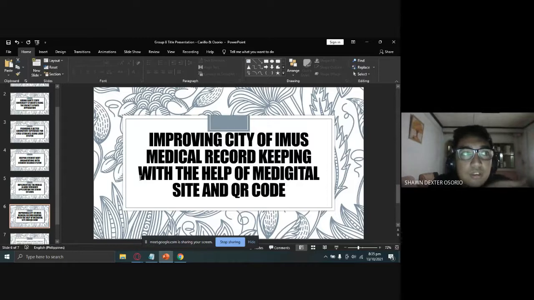When the QR code is scanned, the medigital site pops up and all your previous health results and checkups will be there. It's like compiling all your medical records in one place to lessen the hassle for you to carry the papers and for the doctors to track your medical records.